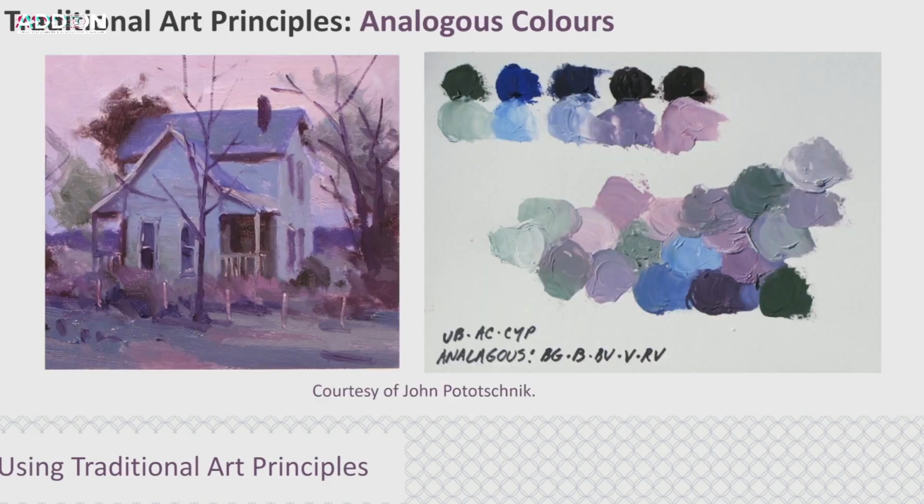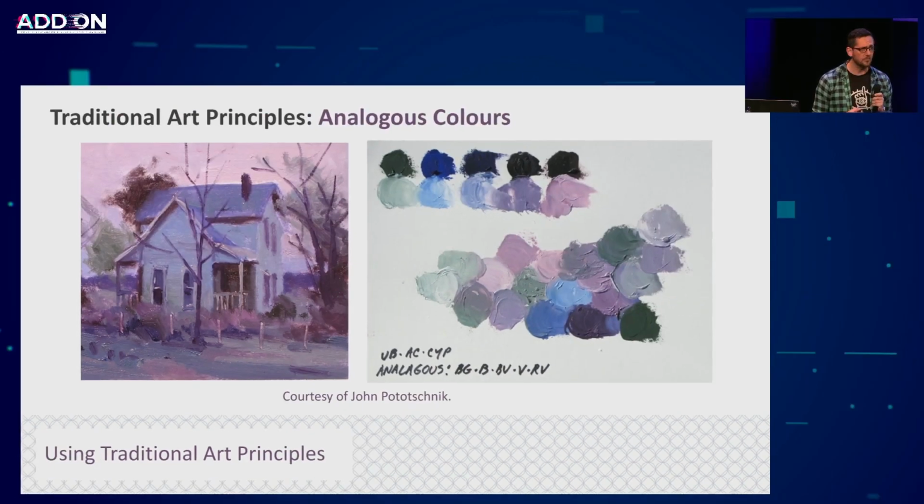Yeah, and lastly, in terms of traditional art principles that I wanted to use within this process is analogous colors. Generally you choose 3 colors that all sit next to each other on the color wheel. And you tend to have one of those be the dominant color, and it tends to be a primary color, and then you have a secondary color and also maybe an accent to round it out.